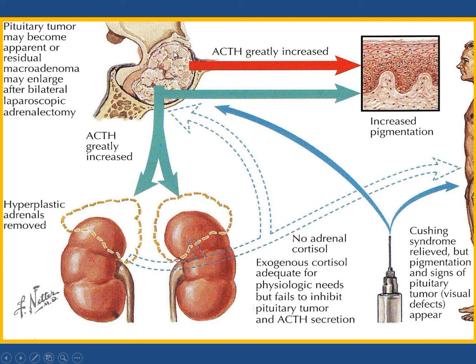Because of this, after bilateral adrenalectomy, the pituitary adenoma starts aggressive growth and produces a lot of ACTH. Because of this, the clinical presentation of so-called Nelson syndrome develops, with growth and mass effect of this pituitary adenoma and skin pigmentation.